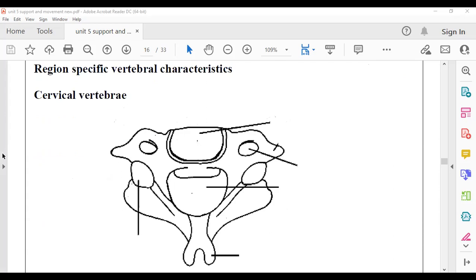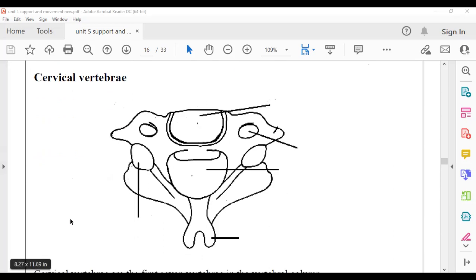There are 7 vertebrae in the cervical region. In the 7 vertebrae, except the first vertebra and the second vertebra, atlas vertebra and axis vertebra, in all the others this kind of an appearance will be there. In the neck region, there are 7 vertebra.